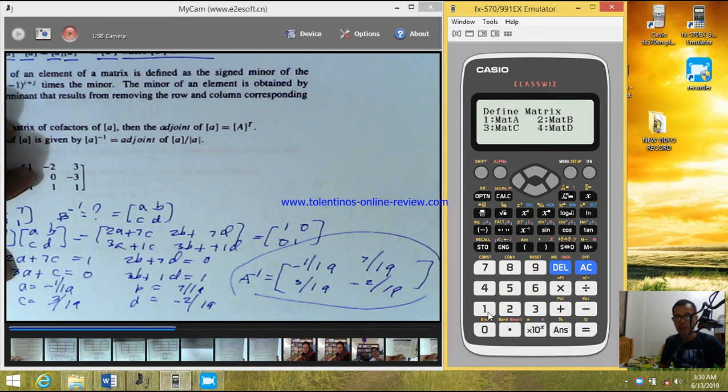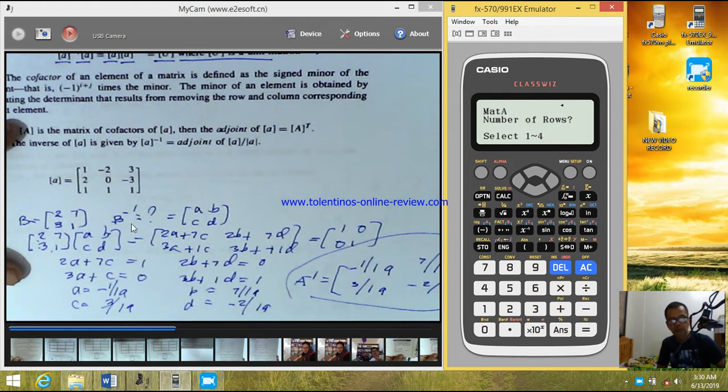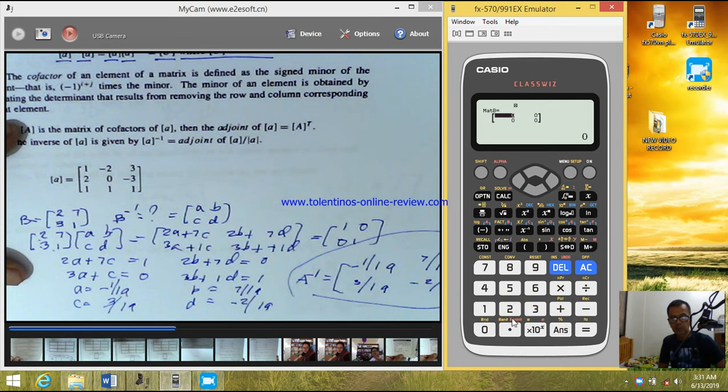Define natin yung matrix A. Okay, this is 2 rows by 2 columns. Let's say matrix B na lang, easy lang. So this is 2 by 2. So matrix B is 2, 7, 3, 1.